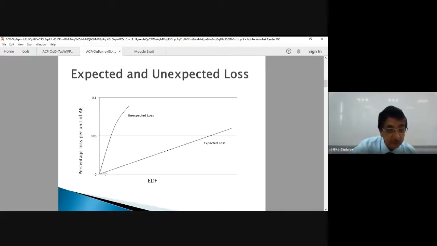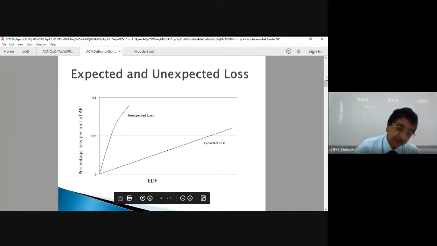When I go along the EDF line and come to this point, just see the corresponding unexpected loss. It is somewhere here. So you can see even the expected loss would not come to those levels even when the EDF is very high. So for a small change in EDF, there will be a very drastic change in unexpected loss. This is the point I want to convey here.